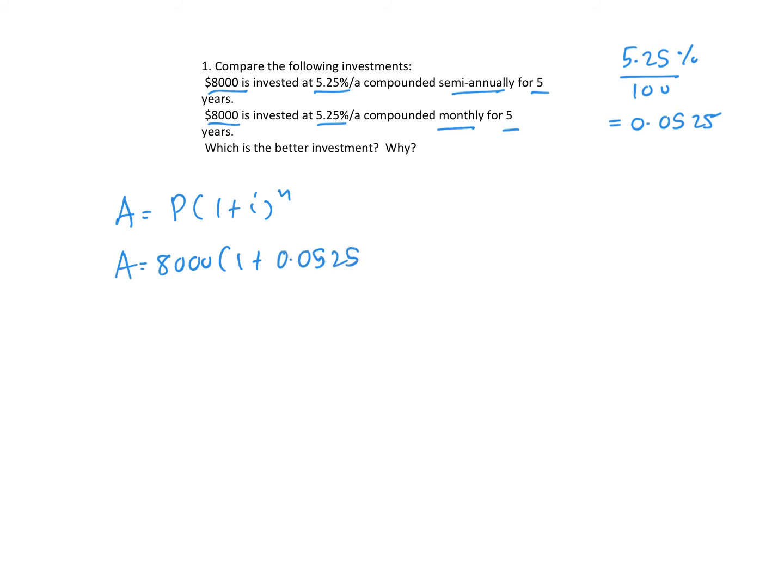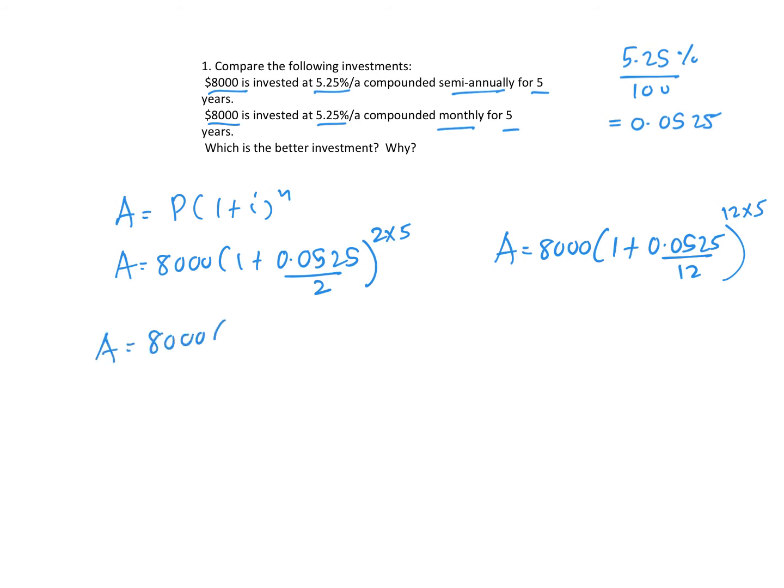In the first example, it's semi-annually, so that's going to be divided by 2, and it's going to be twice a year for 5 years. In the second investment, it's the same 8,000 at the same interest rate, but it's going to be divided by 12 because it's monthly, and it's going to be 12 times a year for 5 years.